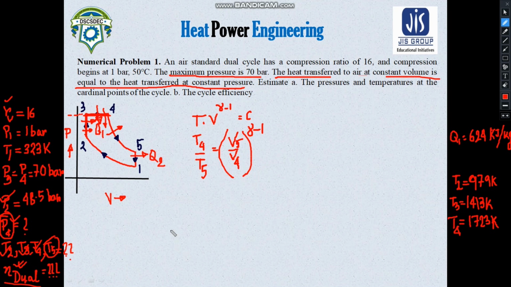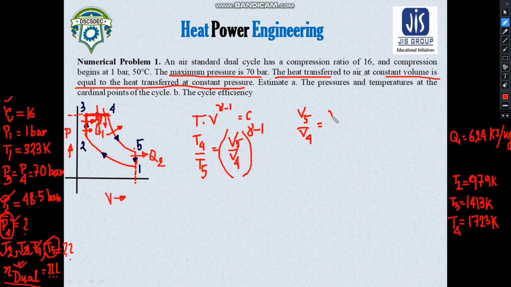So how can it be done? If you look at this process, you will see that this is a constant volume process, right? So V5 is equal to V1. Our objective is to find out the value of V5 by V4. How can we do this?